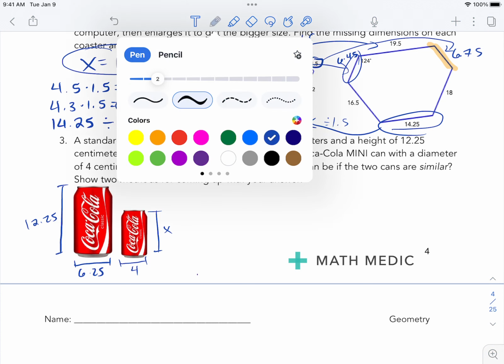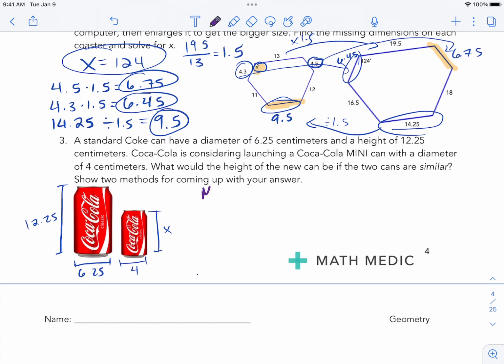So there are a couple different ways to do this. So let's look at one method. If we know the diameter and height of the original one, and we know that these are similar, what we can do is find the ratio between the diameters. 6.25 divided by 4 is 1.5625.